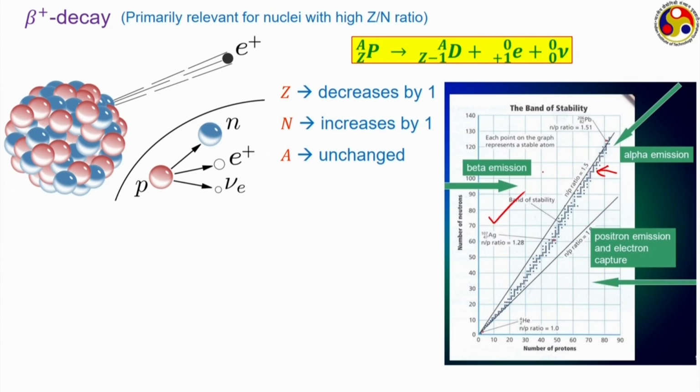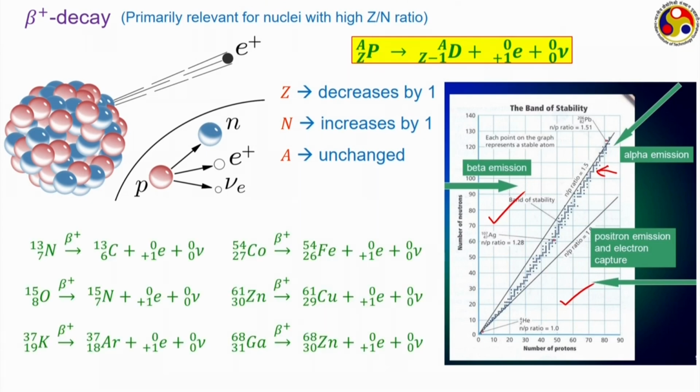So, we are in the zone where isotopes have more neutrons compared to protons than required, whereas this positron decay is relevant to the situation where the particles have fewer neutrons, or excess protons compared to what is required to have a balanced situation.